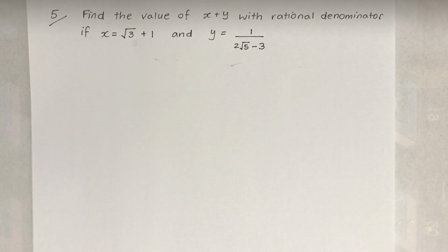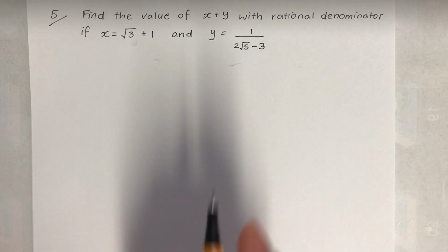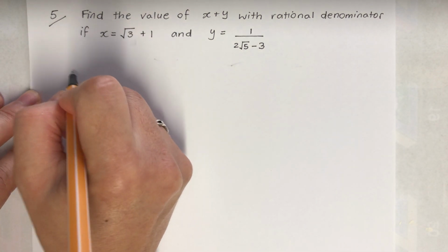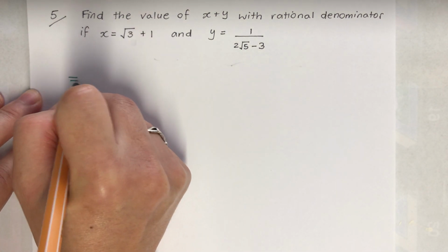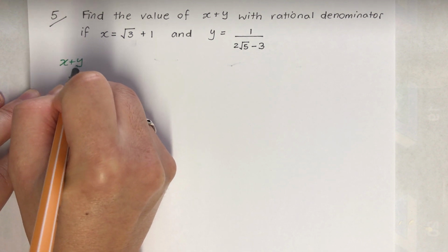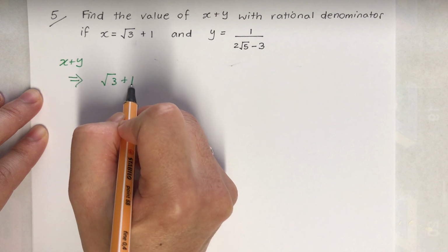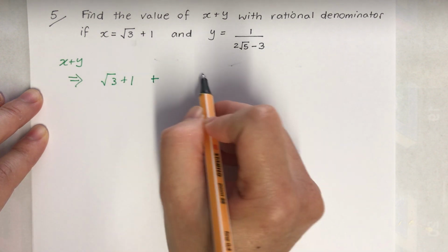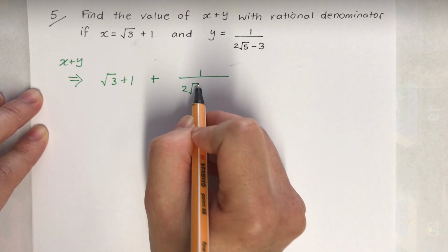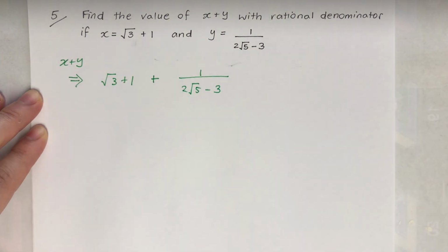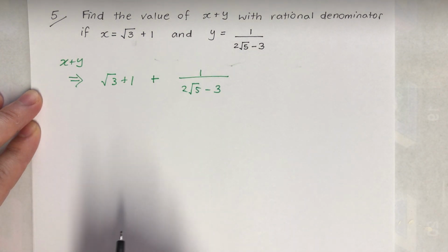It's not too bad. So I'm going to do x plus y. So that means x plus y here. I'm going to go root 3 plus 1, that's my x, plus 1 over 2 root 5 minus 3. That's what I've done, x plus y.